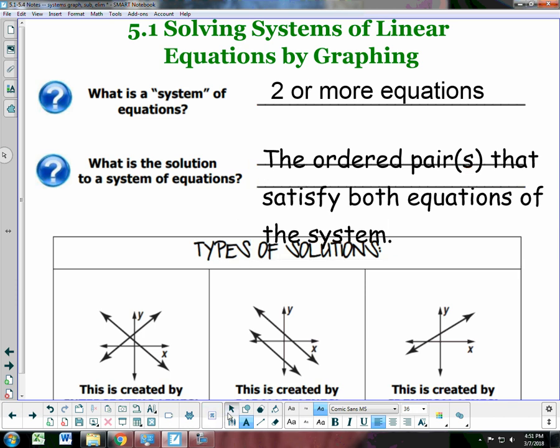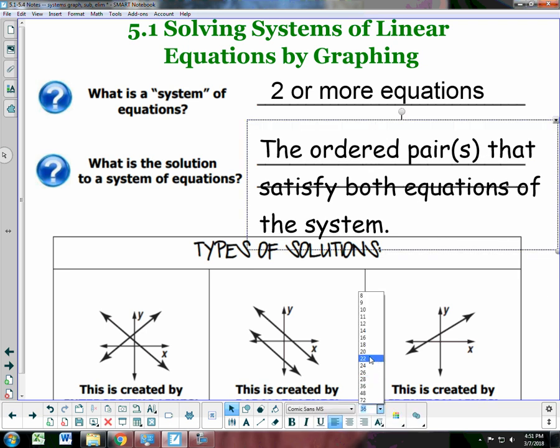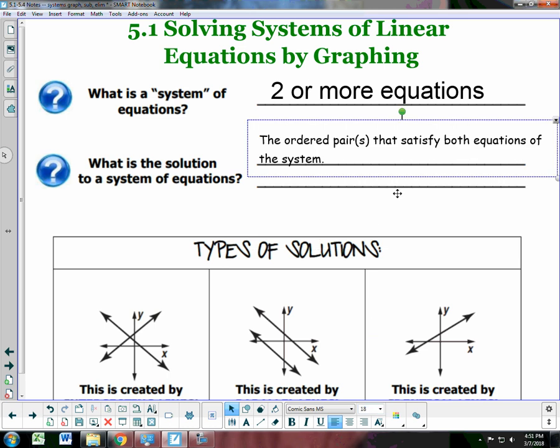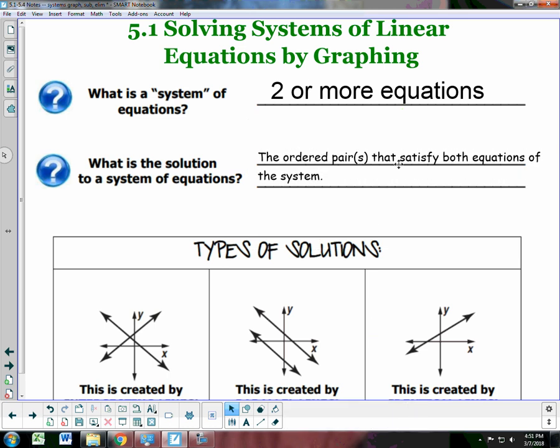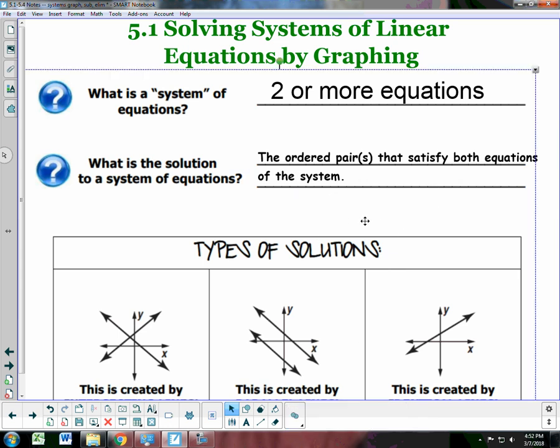I'll probably make that a little smaller font, but it's the ordered pairs that satisfy both the equations. So that is ordered pairs (x, y) that satisfy these equations.